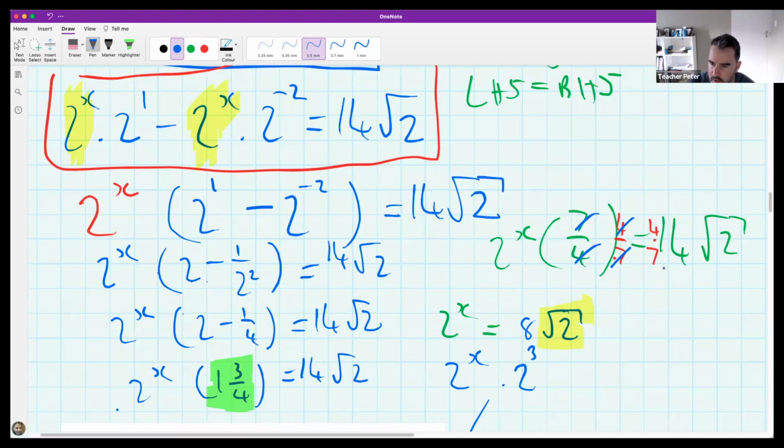But now I also have to times 4/7 by 14. Now, 4/7 times 14, you can do it in your calculator, but you can also say 14 divided by 7 is 2. 4 times 2 is 8. So I have 8 root 2. And then on this side, I've got 2 to the x. Give me a thumbs up if you followed that.